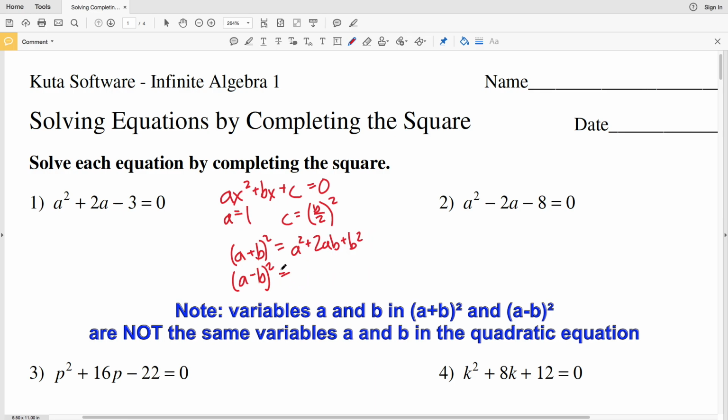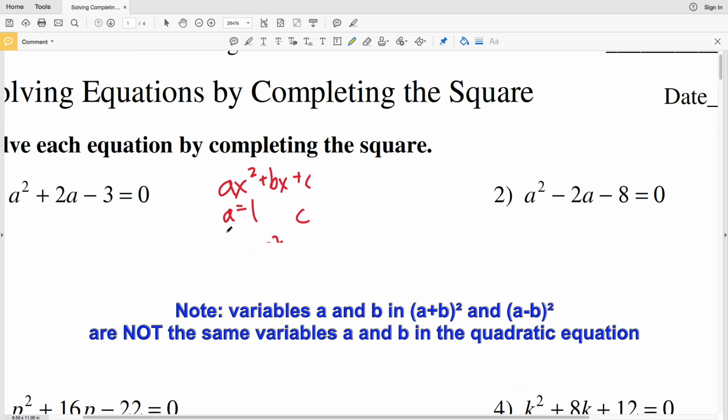And a minus b squared is a squared minus 2ab plus b squared. So just remember that when you're adding a and b, you add 2ab, and when you're subtracting a and b, you're subtracting 2ab. So now let's go over the steps for solving each equation.